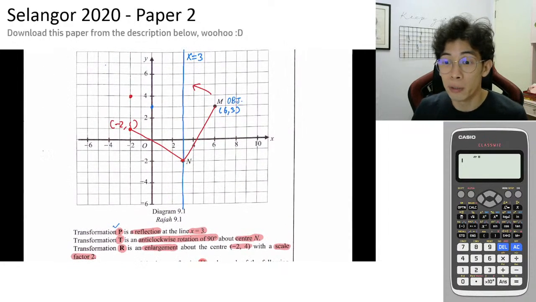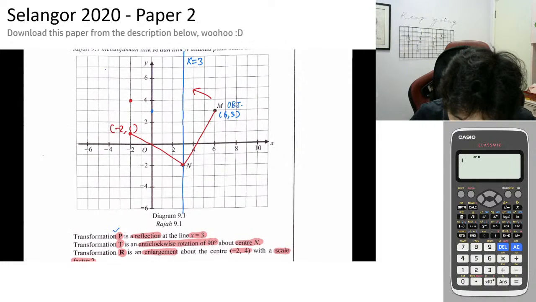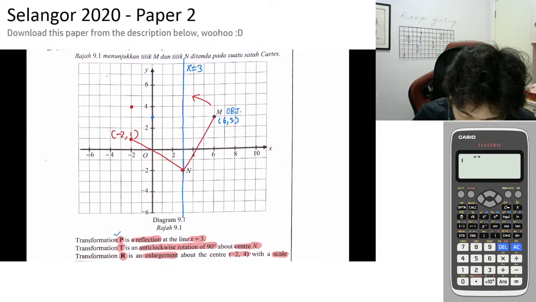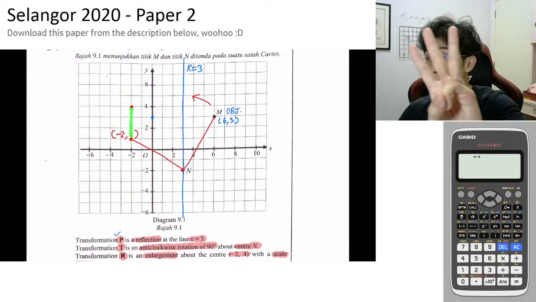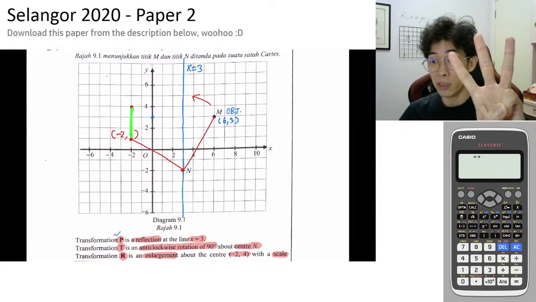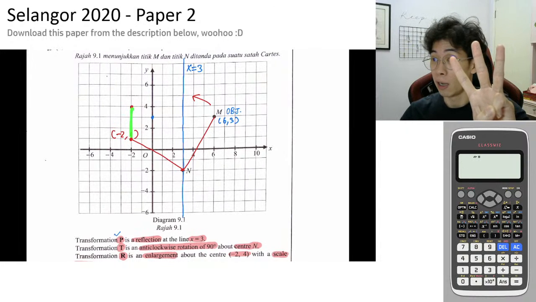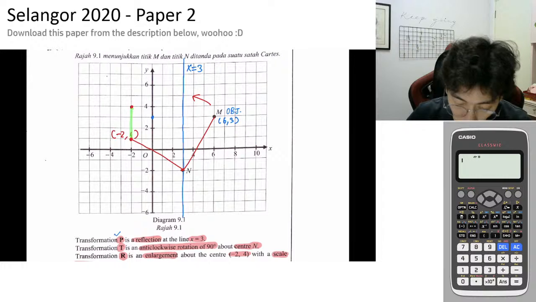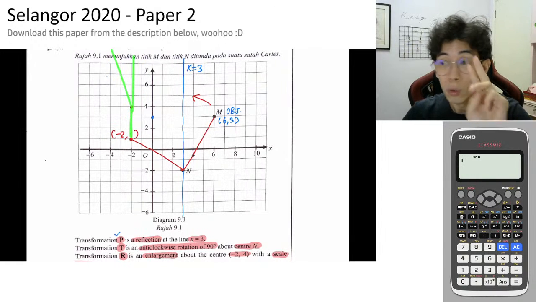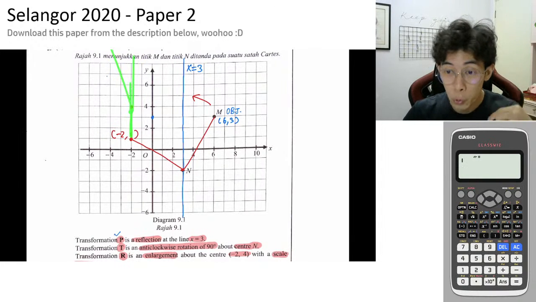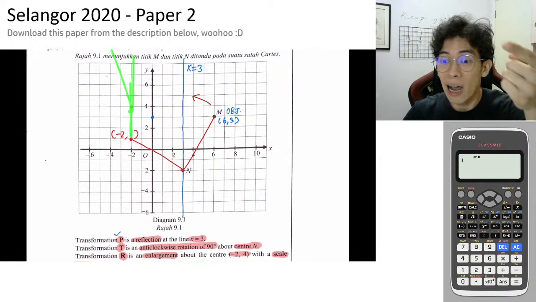Let me show you something, everyone. Do you notice from your -2, 1 to the center is 3 units. Next, you want to do scale factor 2. You have to go back to the center and you count 2 times.